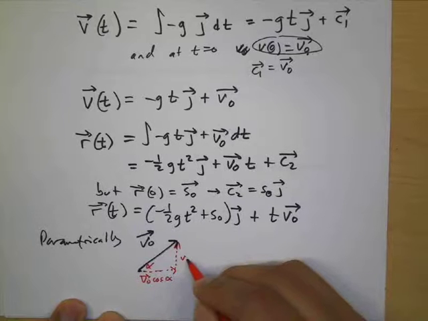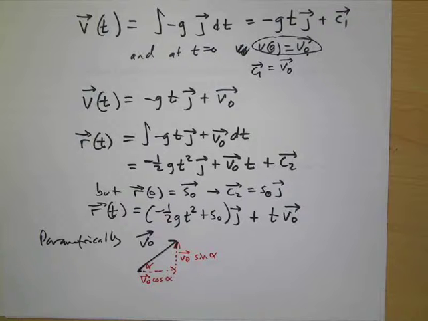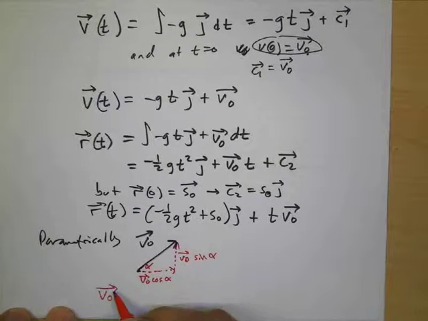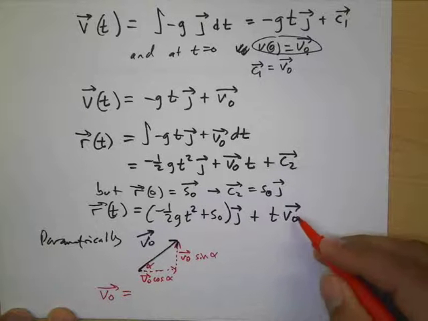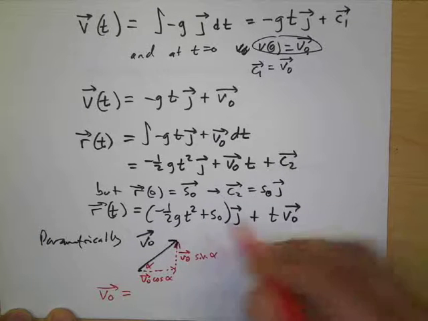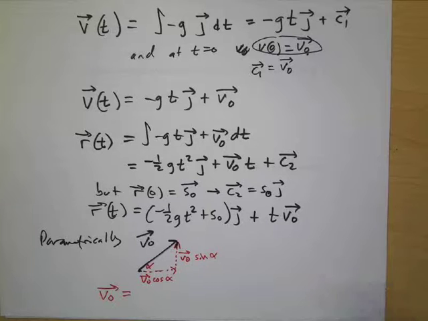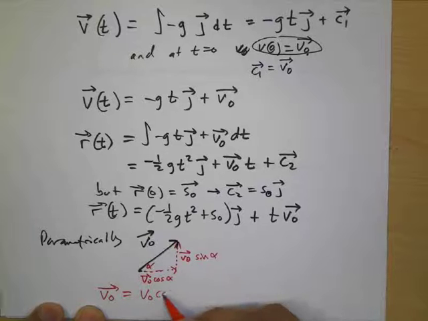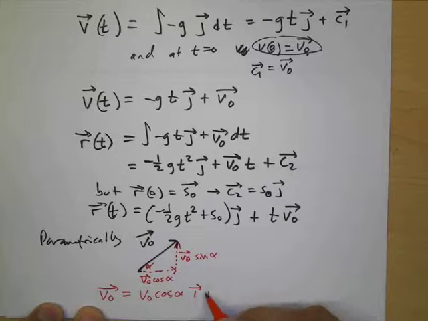This would be v naught sine alpha, right? So I'm splitting up this v naught because I want to be able to combine everything into one happy equation with all the components written explicitly. So v naught would be v naught cosine alpha i plus v naught sine alpha j.